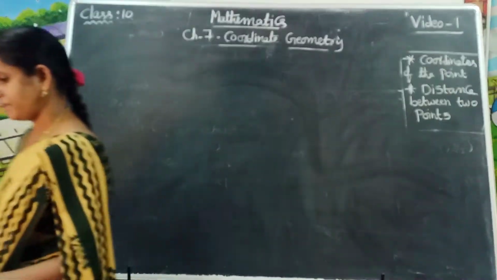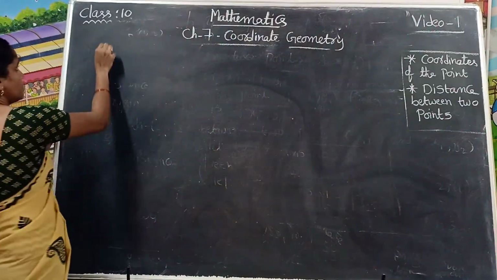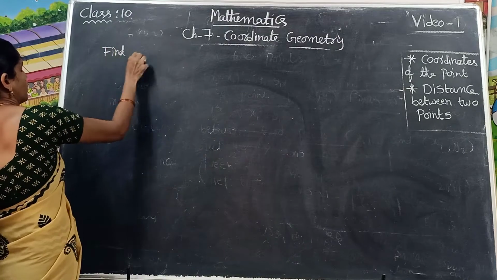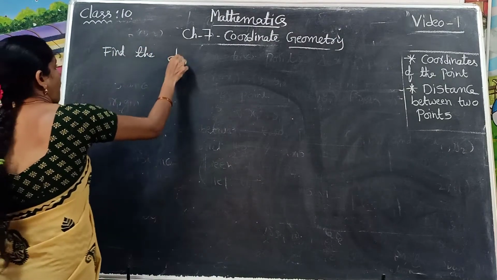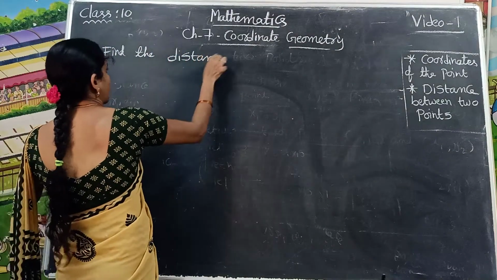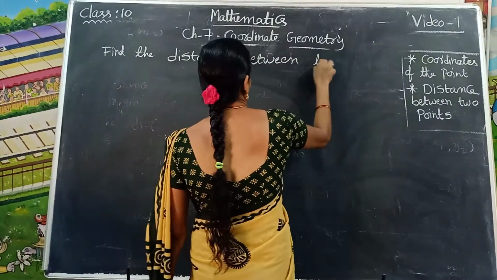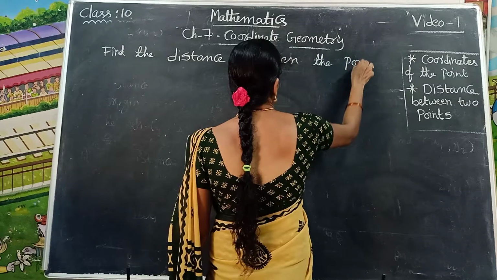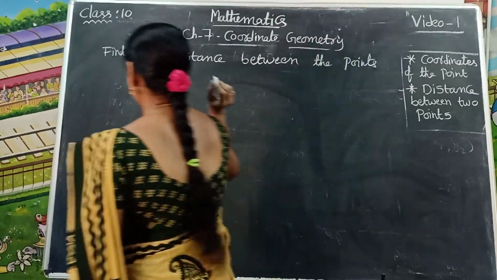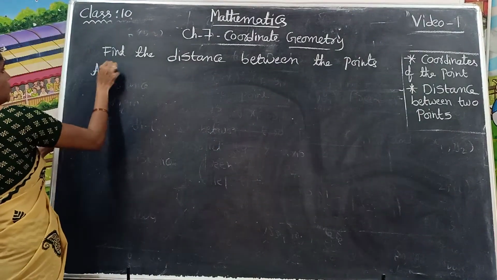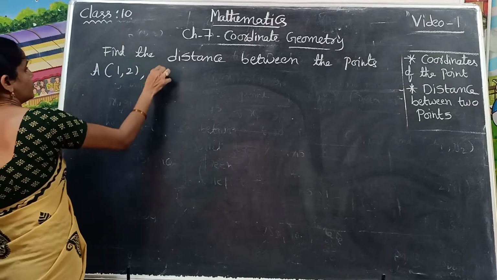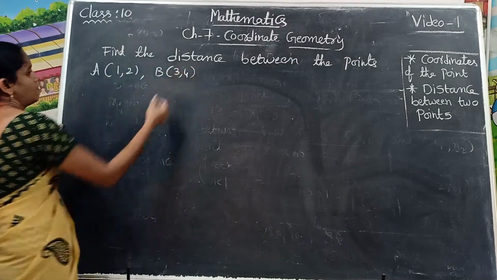Now you see, find the distance between the points A1 comma 2, B3 comma 4.